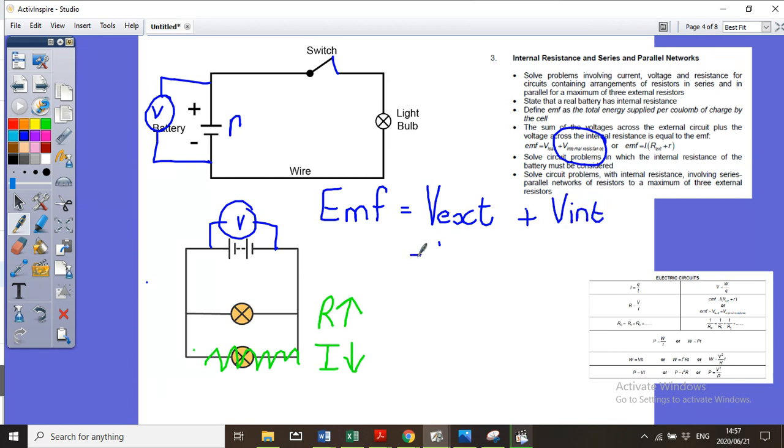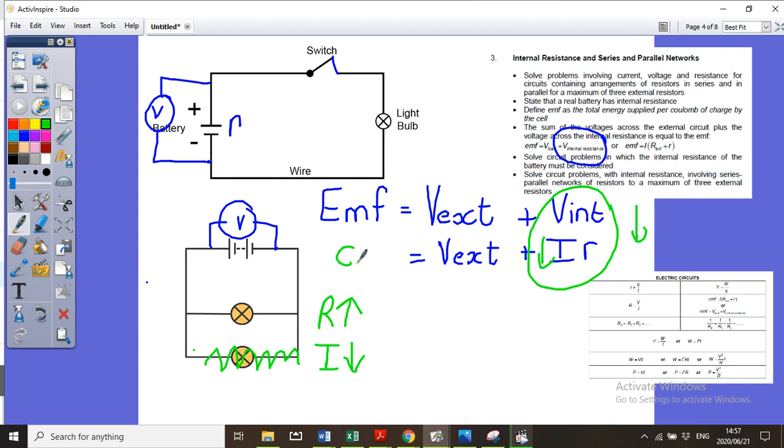But this energy inside, so I want to know what the V external is going to be. This V internal again is equal to I times r. Little r is constant. If the current here goes down, that means that this whole V internal is going down.